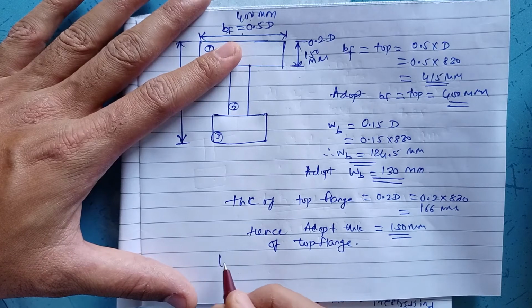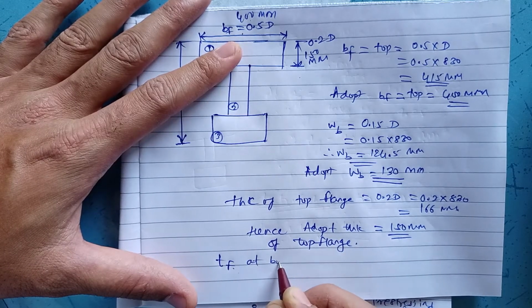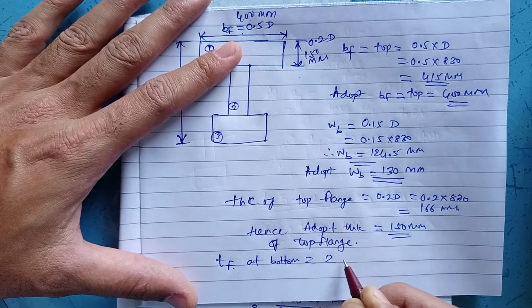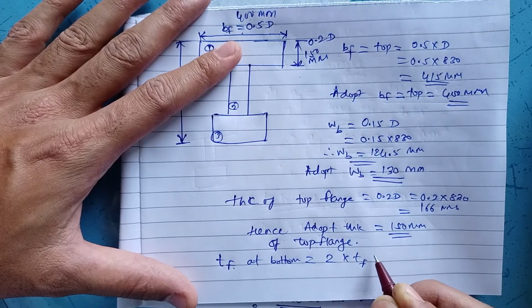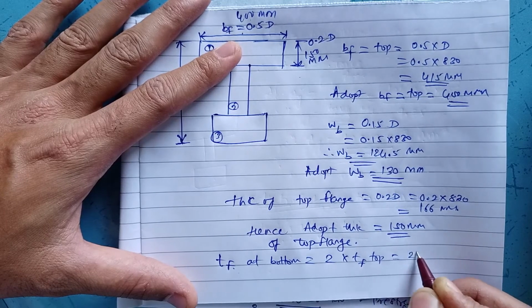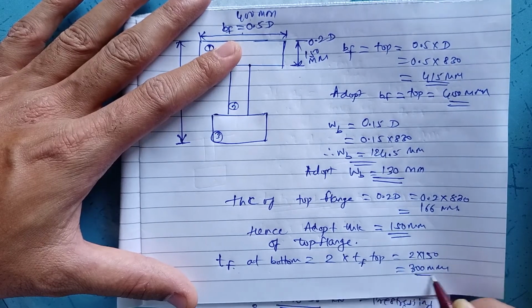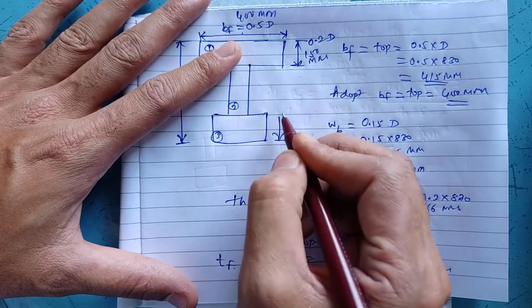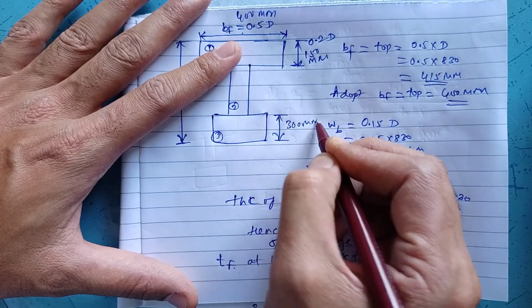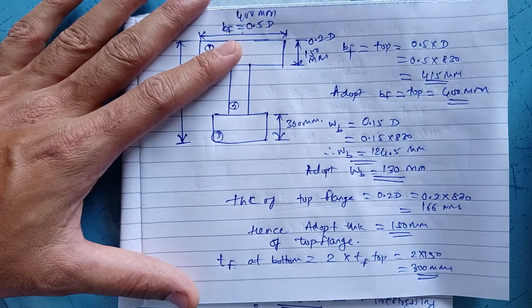And thickness of flange at bottom will be 2 into thickness of flange at top, that is 2 into 150 is equal to 300 mm. Hence, thickness of bottom flange will be 300 mm.